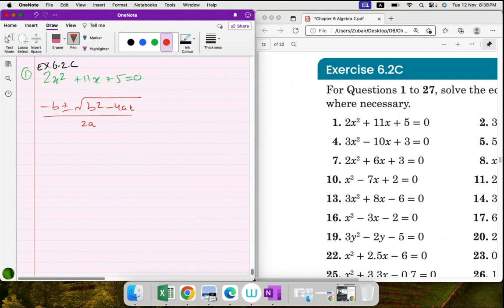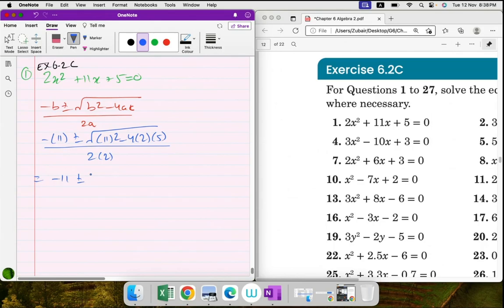In exam, you'll get one or two such parts or questions, and do write the formula here. We may sometimes do it directly. So minus b plus minus square root of b square minus 4 into a into c over 2a.